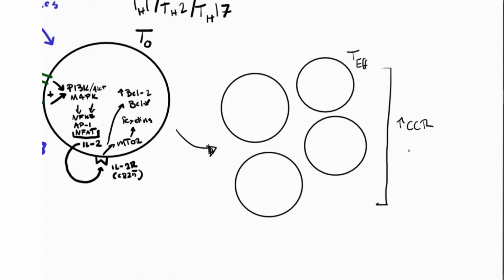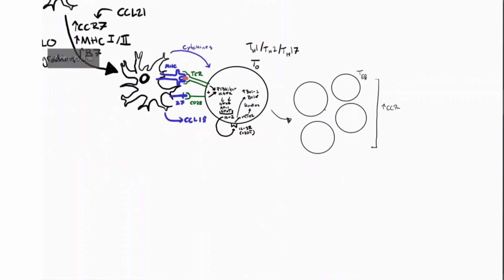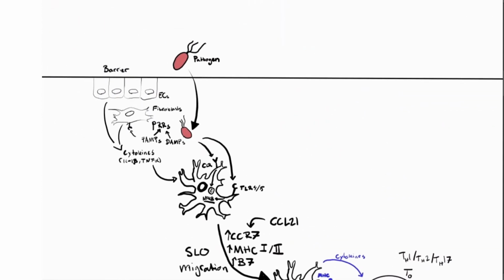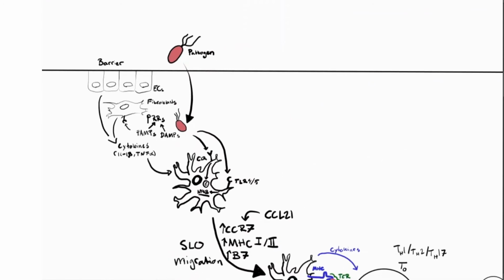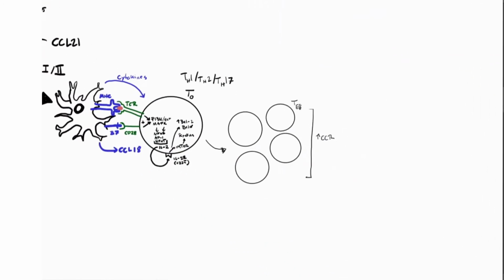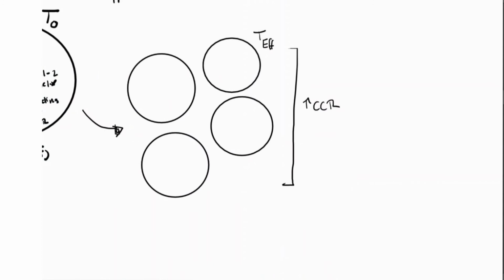So depending on where the actual initial infection occurred, if this happened in the lungs, the gut, the skin, that will determine what kind of chemokine receptor we get here. So for the skin it might be one, for the lungs it might be another, and some of them will actually gain chemokine receptors that don't correspond to the original tissue infection. So they will move to another tissue and establish memory there to give global immunity.